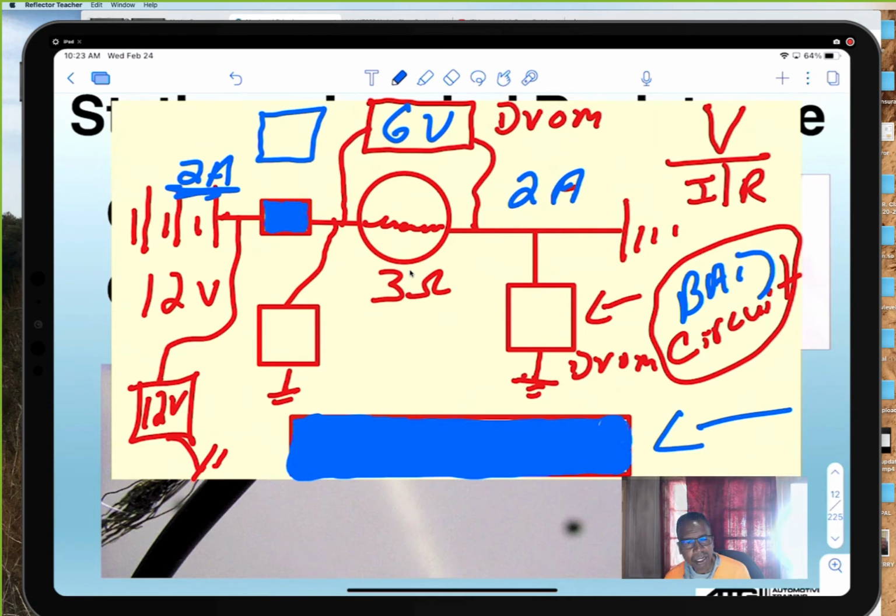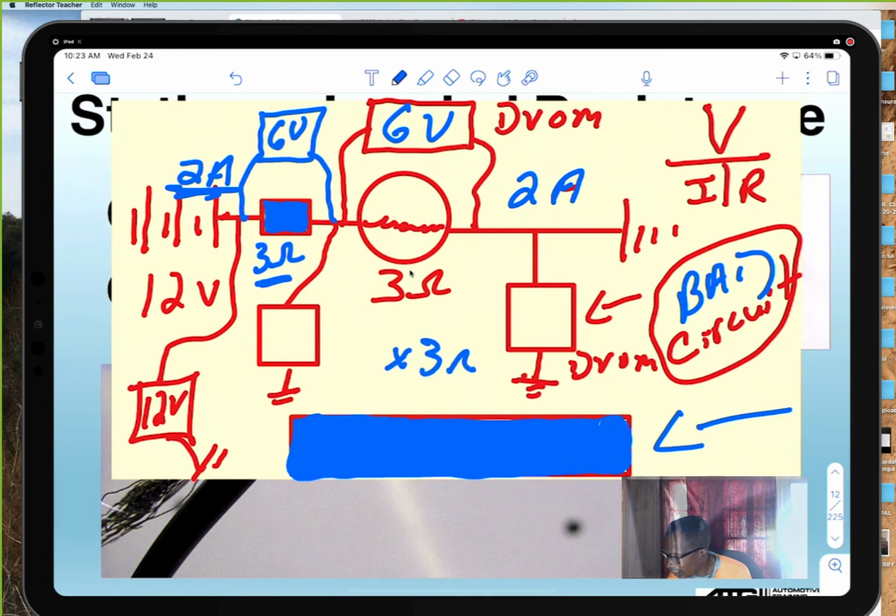All right, we go across this connector. Well, it's 3 ohms, right? And we see 6 volts. Remember, 3 ohms times 2 amps equals a 6 volt drop.